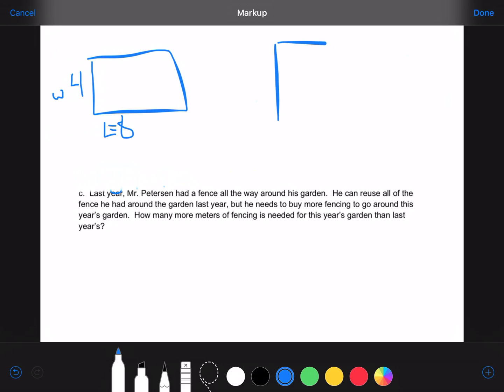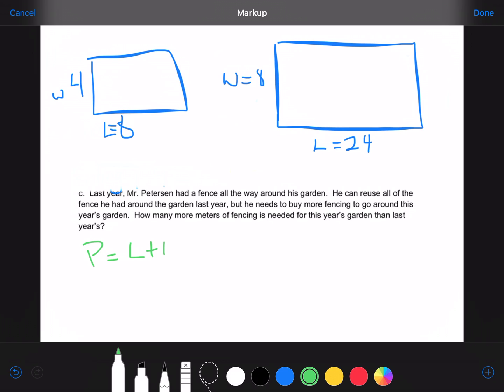And then in this year's garden, remember we ended up with a width of 8 and a length of 24. So this is a perimeter problem. So when we do perimeter equals length plus length plus width plus width. There are a couple other ways to do it, but I'll just show you the one way.